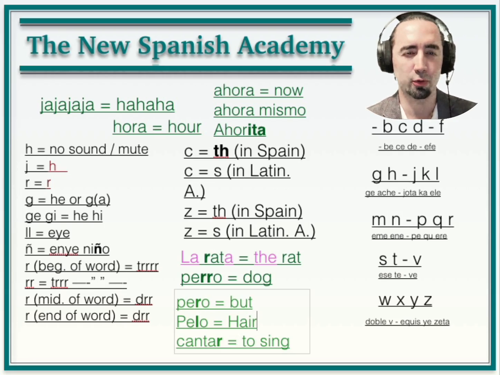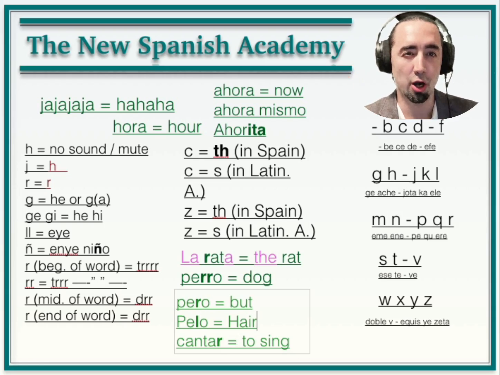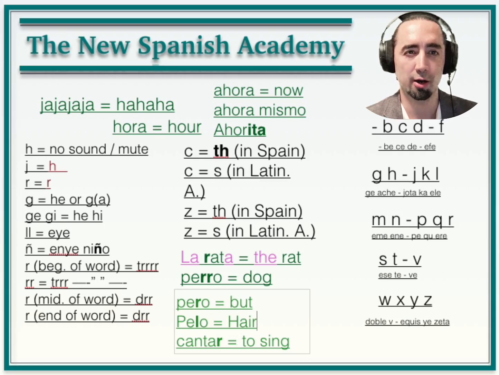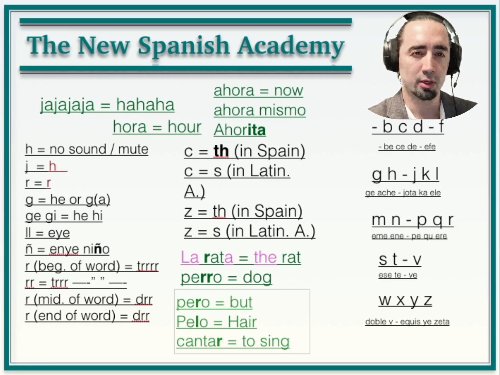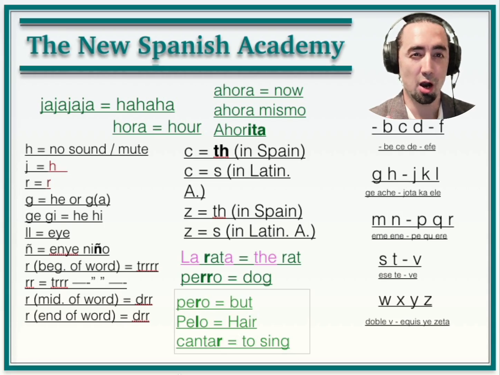So what is my suggestion? It might be hard for you to say the Spanish R, but I know that in Chinese and in Japanese, perhaps you can also say the English R. This R is the English R, and it's better to pronounce the R wrong and pronounce it like an English speaker.